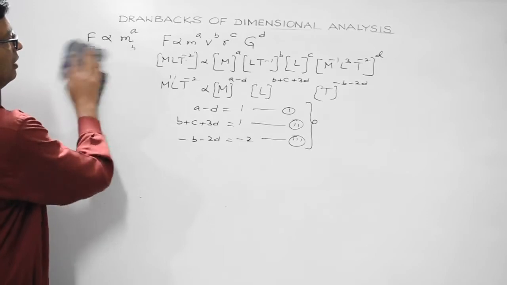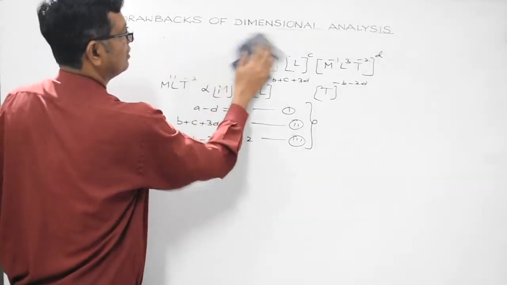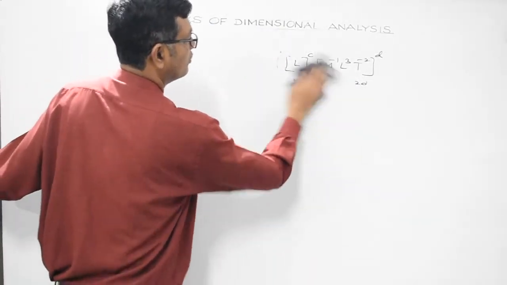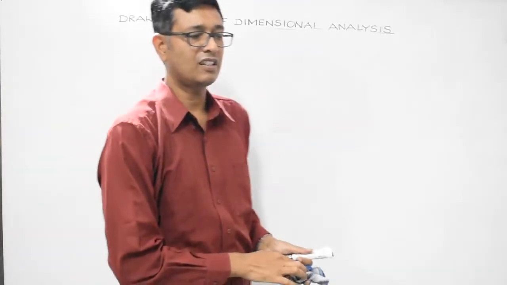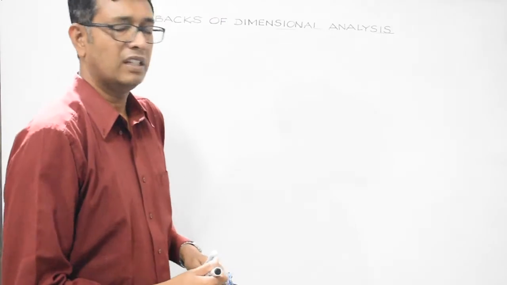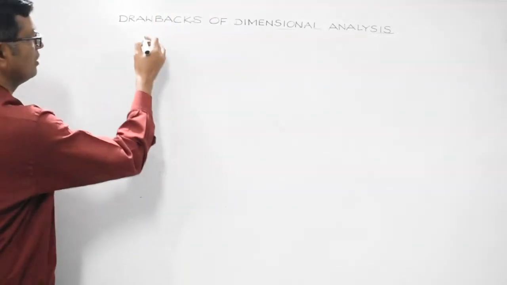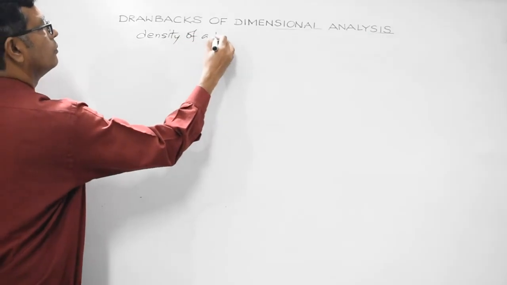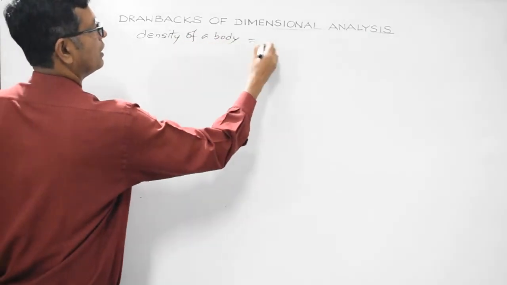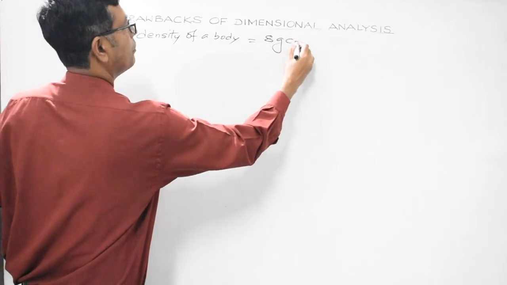Okay. Let's discuss a numerical based on conversion of one system into another. Right? Let's consider an example. Let us consider the density of a body. The density of a body is given to be 8 gram per centimeter cube.